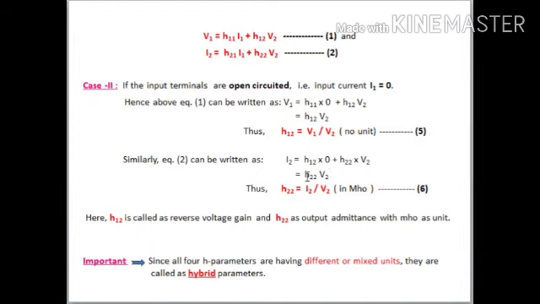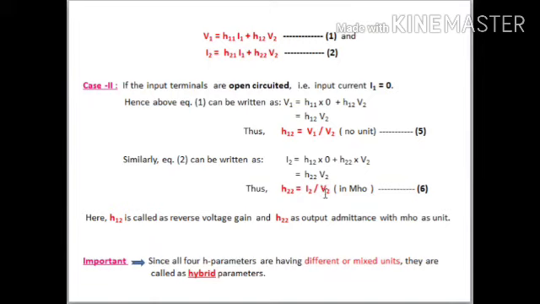Now again we are interested in finding the value of H22. So we transfer this V2 to the left side, and H22 equals I2 upon V2. Once again concentrate here. This H22 is I2 upon V2, the ratio of current to voltage, to be frank, the ratio of output current to output voltage.